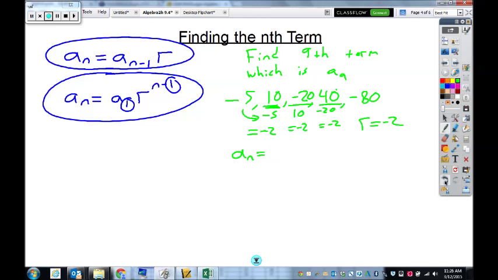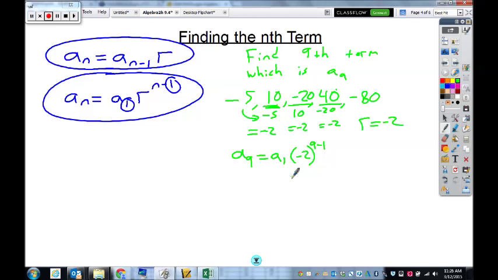Oh, I'm sorry, I'm not going to use a sub n because I'm specifically trying to find the ninth term. So we're going to use a sub 9 equals, and I'm going to use a sub 1 times r, which is negative 2, to the, well, n is 9 minus 1.